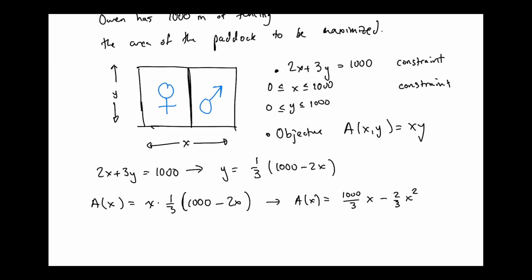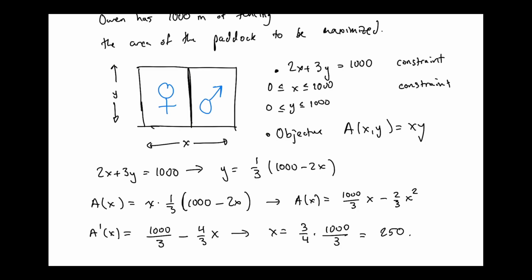Okay? So next step is what? Yeah, and what do we get? 1,000 over 3 minus 4/3 x. Okay?